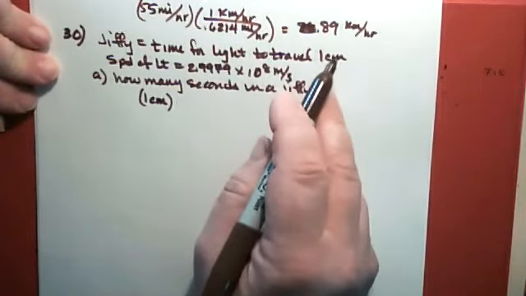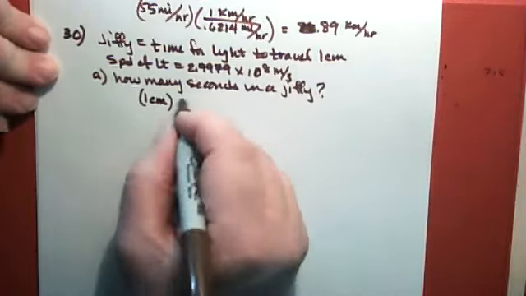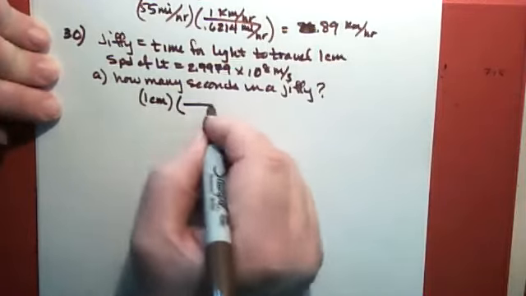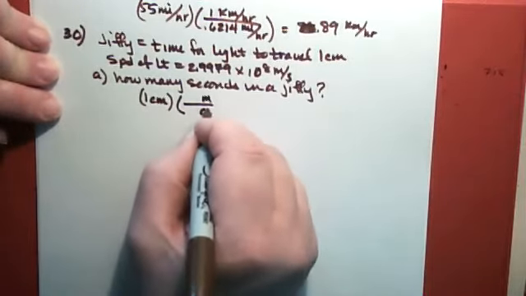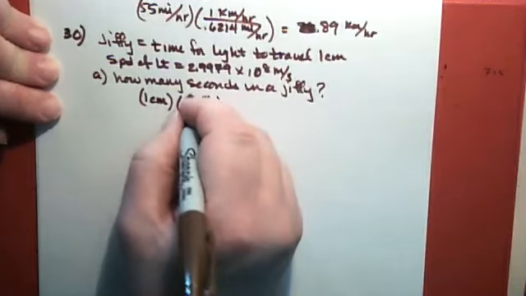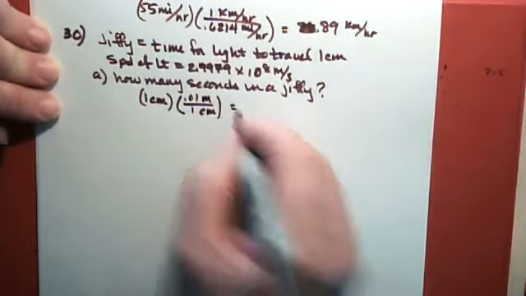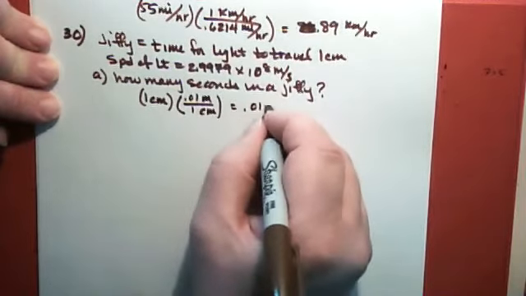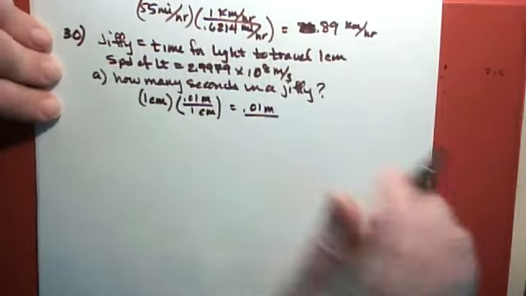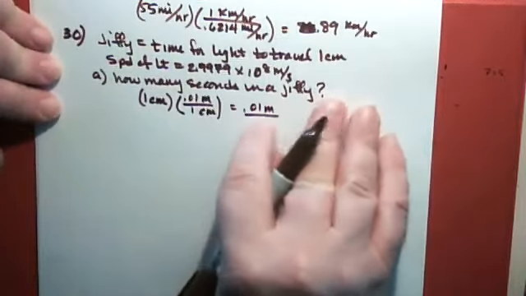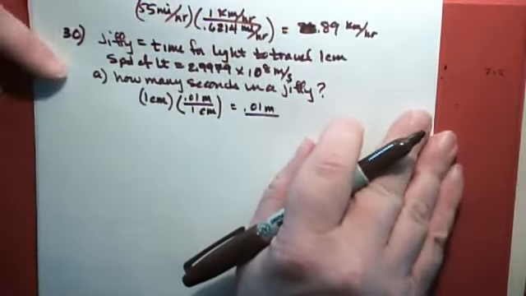I think changing the one-dimensional distance would probably be the easier way to go. So 1 centimeter is equal to 0.01 meters, or 1/100th of a meter.